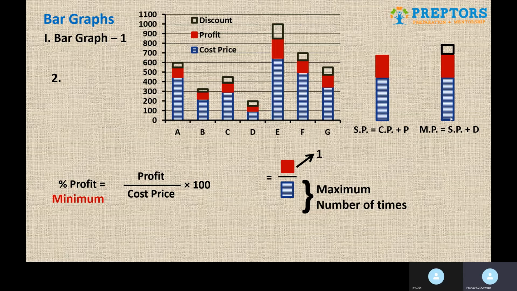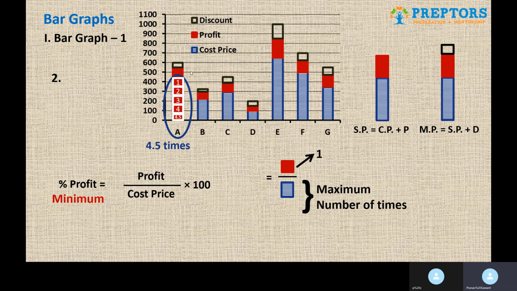So what we will do is we will consider this red part as 1 time and we will compare that red part with the rest of the bar and we will check how many times or how many parts we can form. So if you check for A, the red part is 4.5 times the entire bar. So as you can see 1, 2, 3, 4 and 4.5.